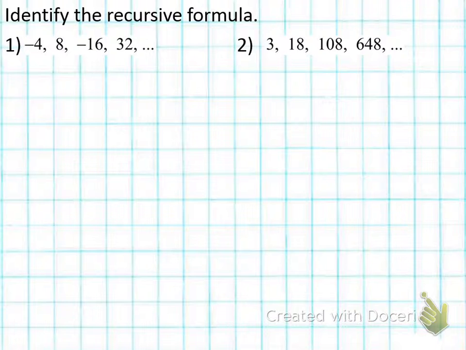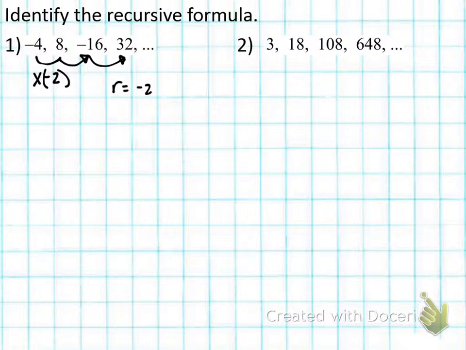Okay, so in number 1 we have negative 4, 8, negative 16, 32. We already know this is a geometric sequence because there's a common ratio that's being multiplied. What am I multiplying each one by to get the next number? 2 or negative 2? Negative 2, right? So we know that our common ratio is negative 2. That's all we need to do to get our recursive formula started.